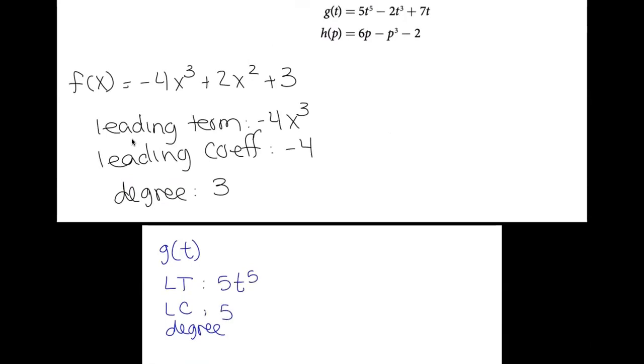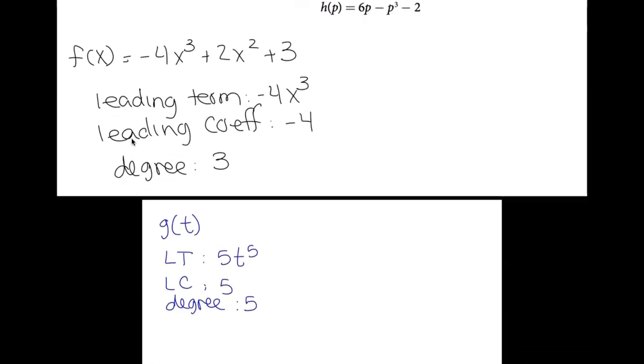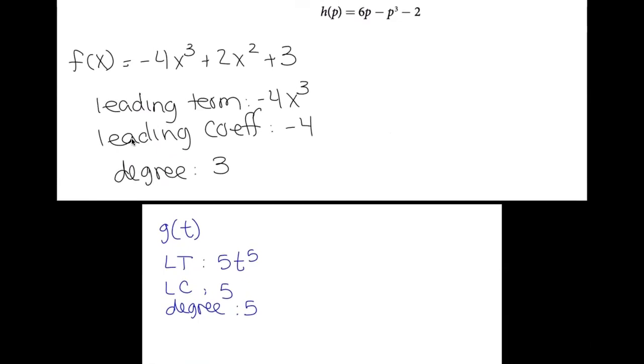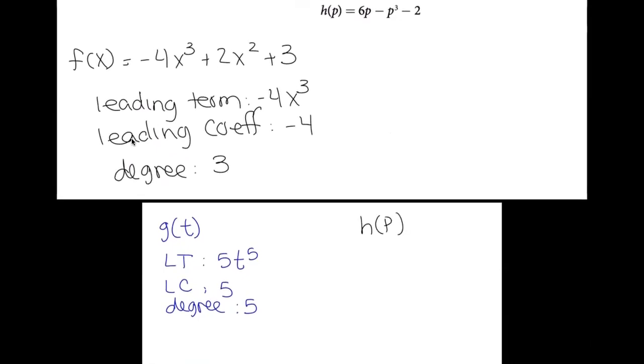Leading coefficient is 5. Degree is also 5. And then for h of p, our leading term is negative p cubed. Leading coefficient is -1, and degree is 3.